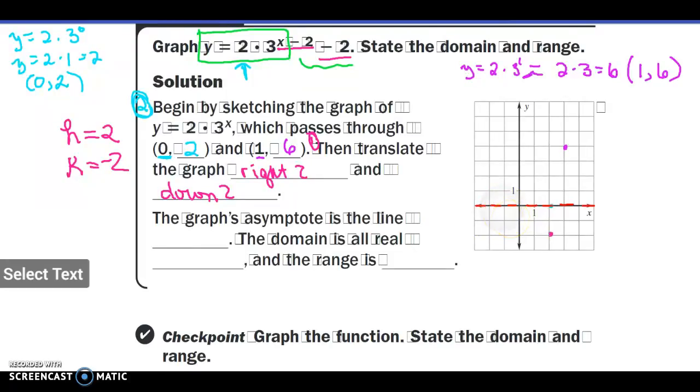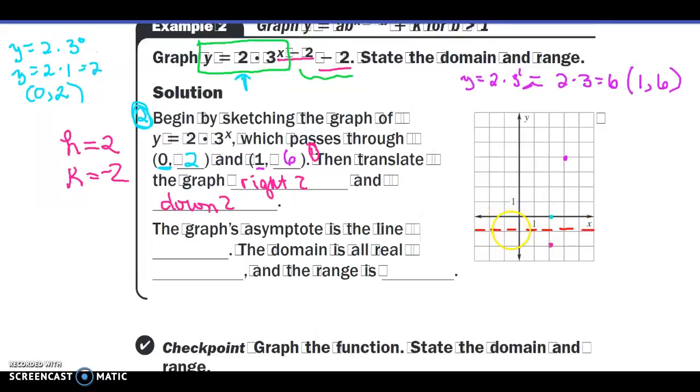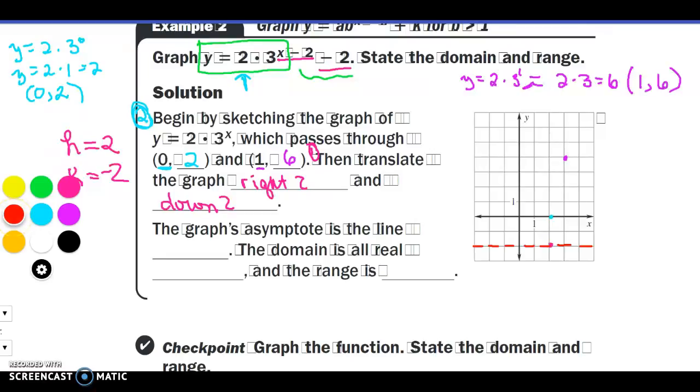So having been shifted down, I should be able to grab this. There we go. Our asymptote gets shifted down right along with that new origin. So that means our asymptote is the line y equals -2.